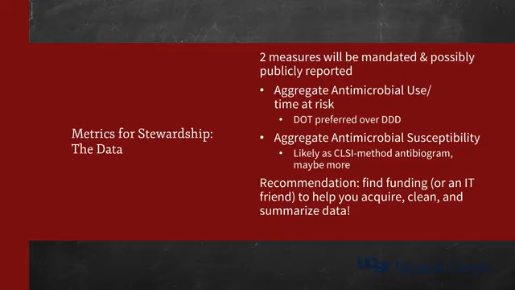Acquiring and manipulating this data can consume a substantial amount of time, so a key component of a successful stewardship program is the funding and personnel necessary to report out this information. In Part 2, we'll discuss how to put the data that you've gathered into context for actionable use.